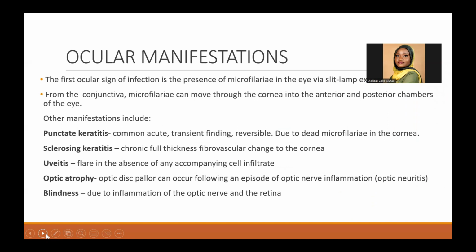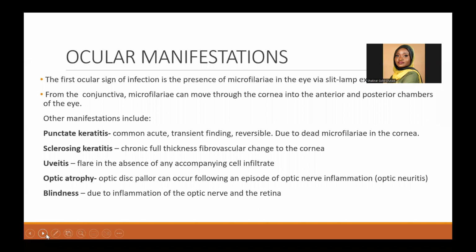Now, ocular manifestation is usually asymptomatic initially, and the first sign of infection is to see the worm in the eye. So some people may come with a complaint that they saw a worm in their eye. And if you look at the eye with the slit lamp examination, you might be able to see the worm there.